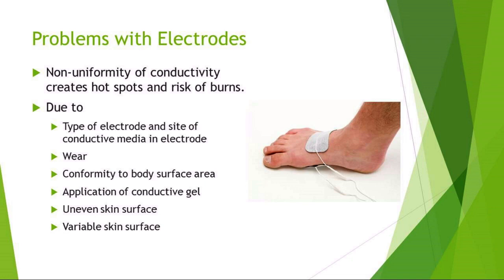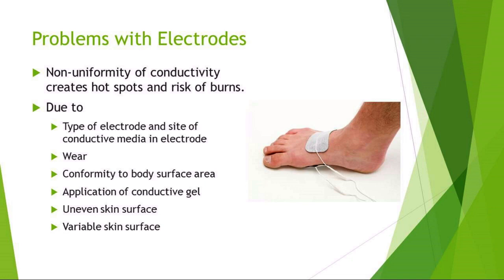So if you are using an electrode where you have to apply a gel or a water-soaked sponge, if you don't do it evenly, you could have non-uniformity and create hot spots, areas of higher current density. If the electrode is worn, the areas where it's worn, it's not very conductive, so the other areas are going to have a higher current density and the potential for burns or hot spots.